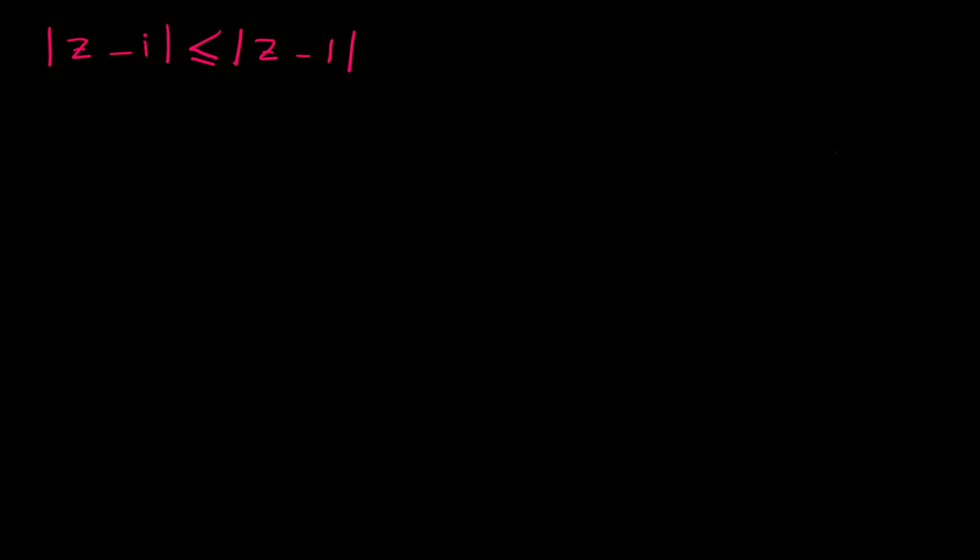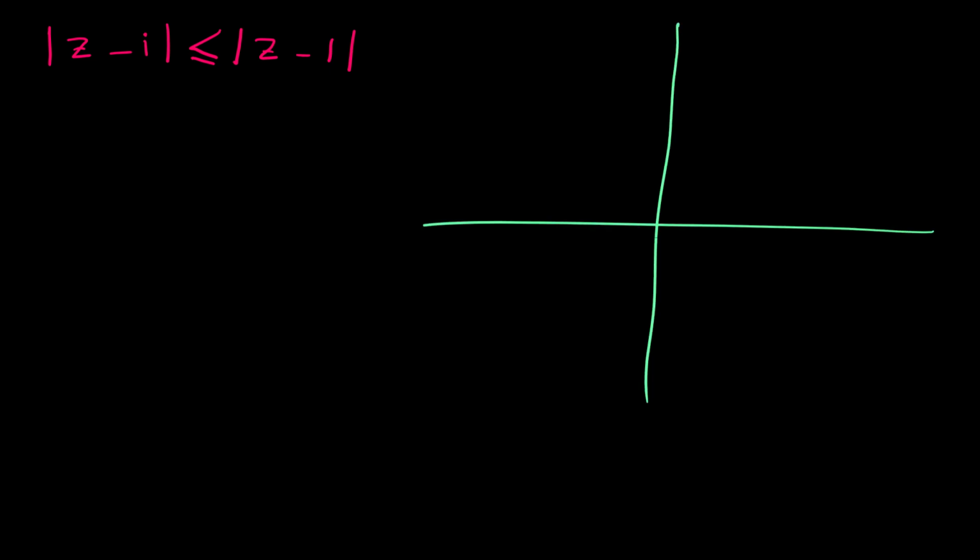Now look at this. This is similar to the previous question, but the points are different. First, let us start again with the geometric interpretation. Let us start with sketching the x-axis and y-axis. One point that we have here is i, and z minus 1, so the other point is 1.